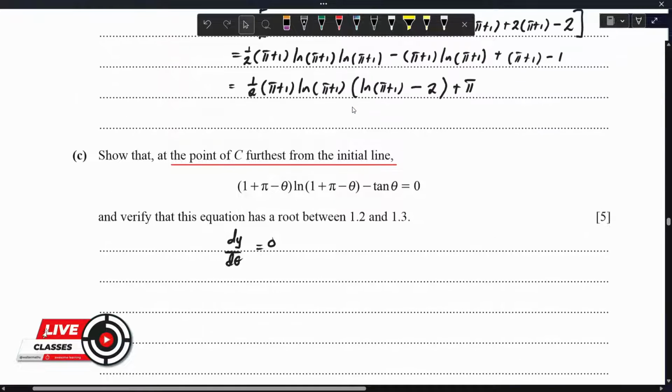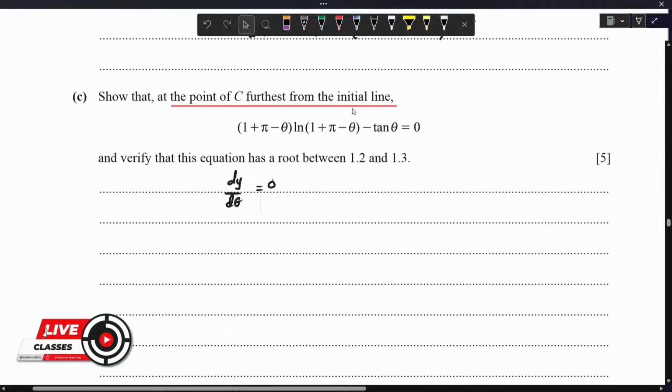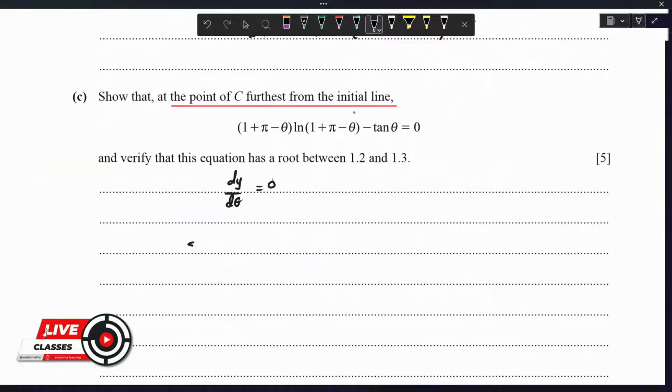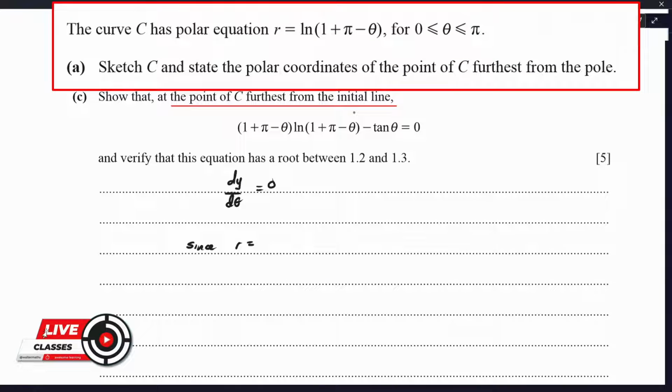So we have to express the equation in the form y in terms of theta. So r is equal to ln of 1 plus pi minus theta is the original equation.